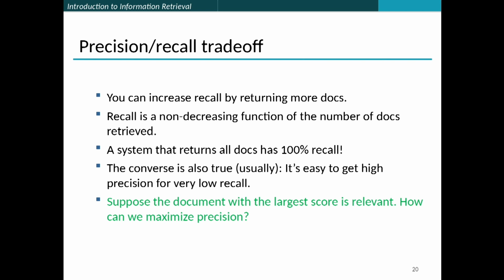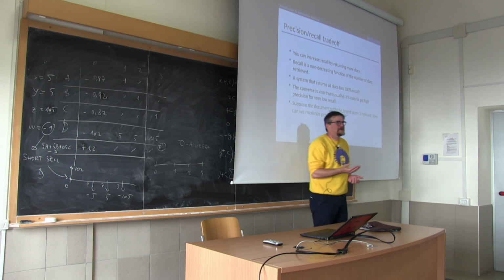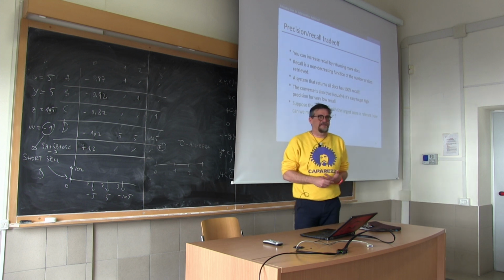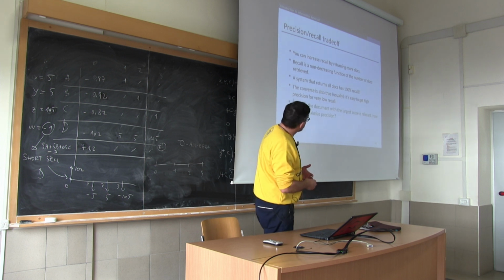Indeed, the recall is a non-decreasing function of the number of documents, and this is pretty clear from the definition. And actually, if you answer with all the documents in a collection, you get a 100% recall. Okay? And usually the converse is also true. It's easier to get high precision for very low recall.